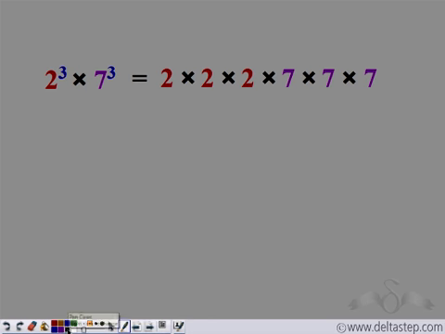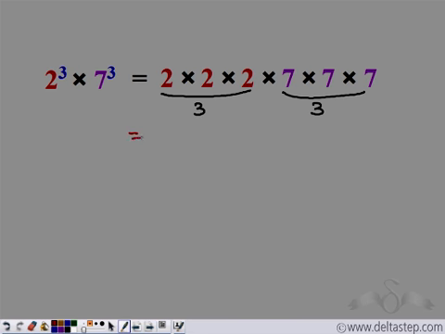Now we have 3 2s and 3 7s all multiplied together. So for every 2 you have a 7. For each 2 you have a 7. So let's write them together.